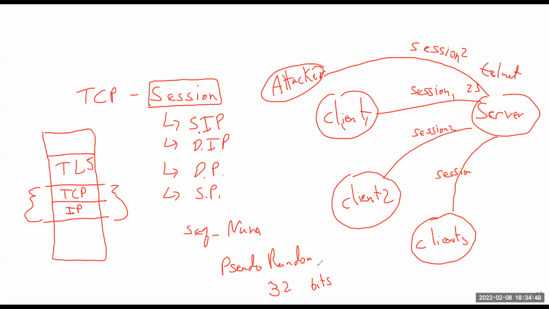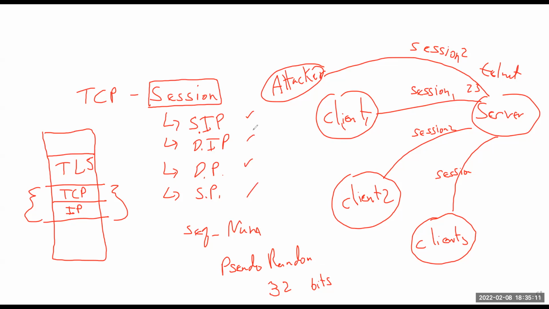As we have already learned, spoofing packets is not difficult. You guys have seen that. You can do it actually. What if we spoof a TCP packet where we know these 4 parameters? Then you might think, okay, I have the session, I understand it.